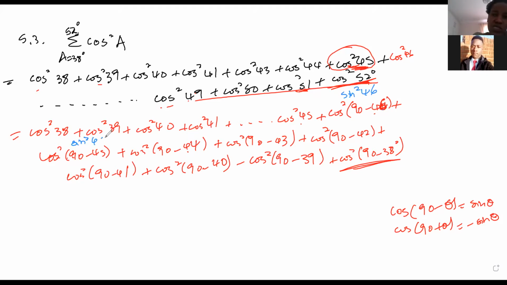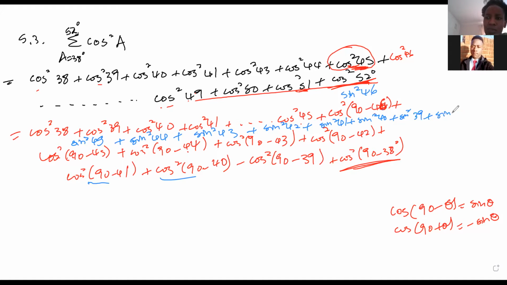Sine squared 45 plus sine squared 44 plus sine squared 43, because 90 minus is a cofunction, plus sine squared 42 plus sine squared 41 plus sine squared 40 plus sine squared 39 plus sine squared 38. Okay, so that's the same as that.